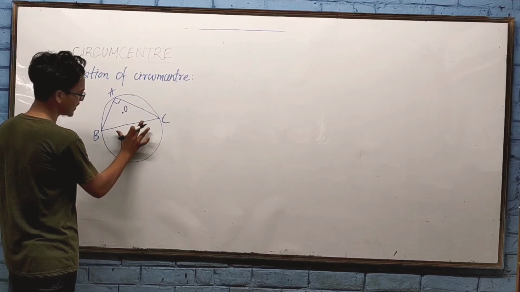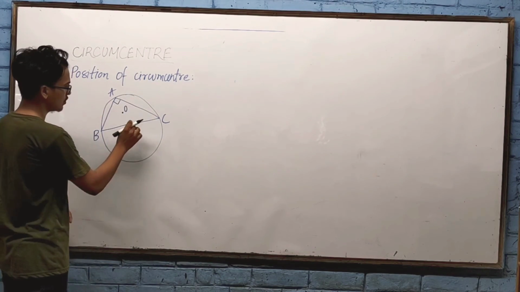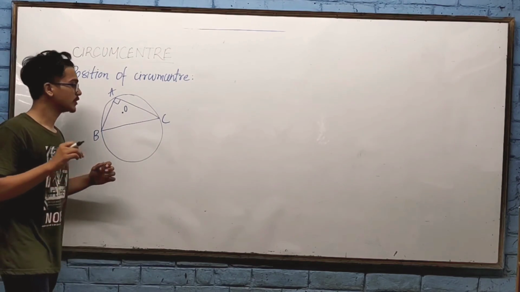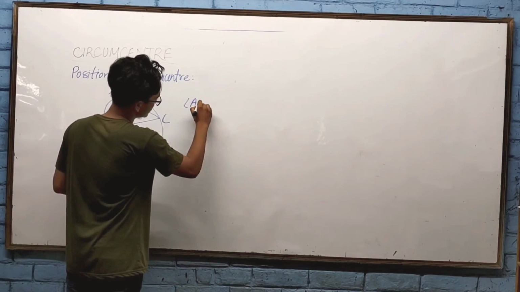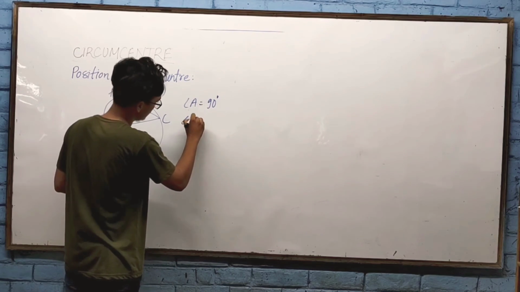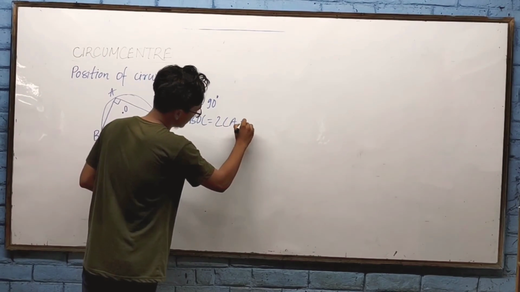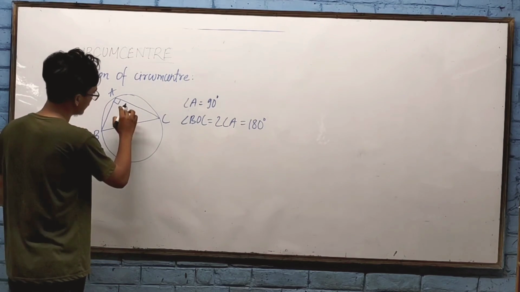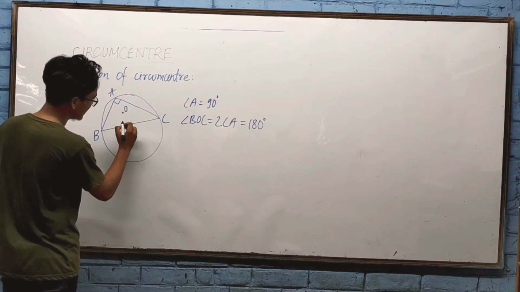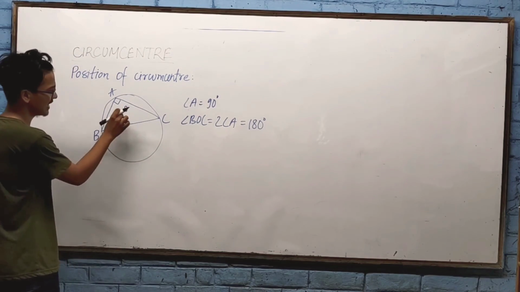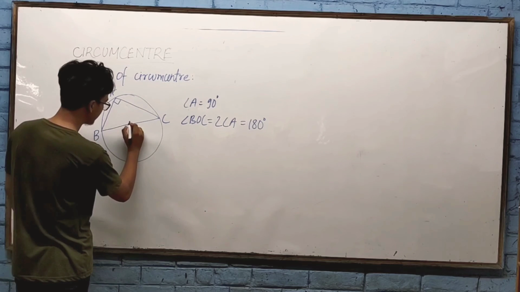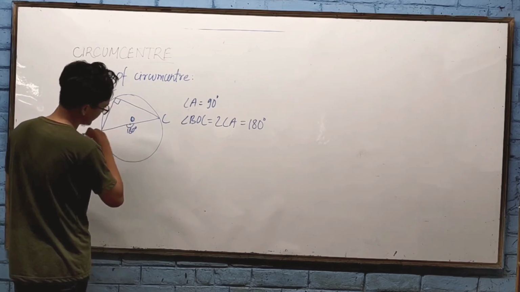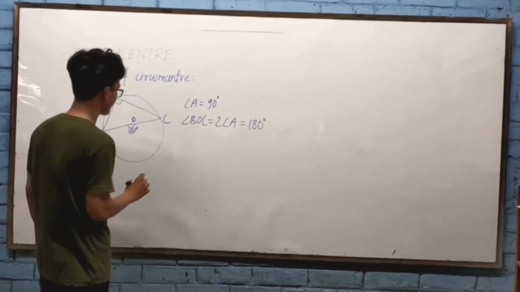This angle A is the angle subtended by the chord BC at point A. So the angle subtended by this chord BC at the center O must be equal to 2 into angle A. Angle A equals 90 degrees, so angle BOC must be 180 degrees, which is possible only when this center lies on side BC, so that angle BOC equals 180 degrees is satisfied.